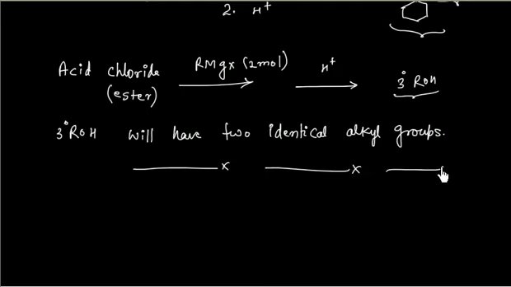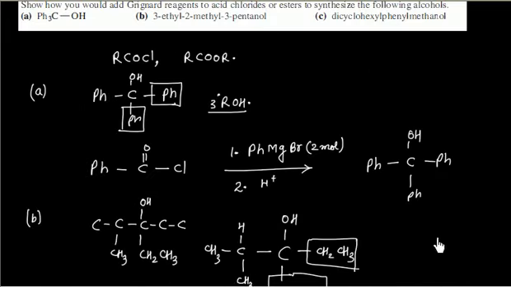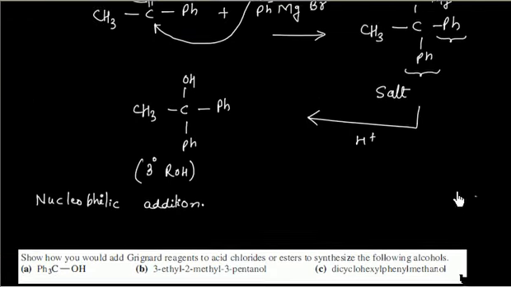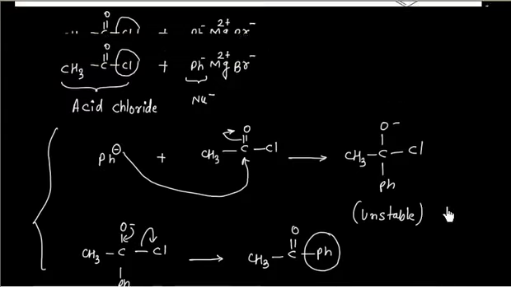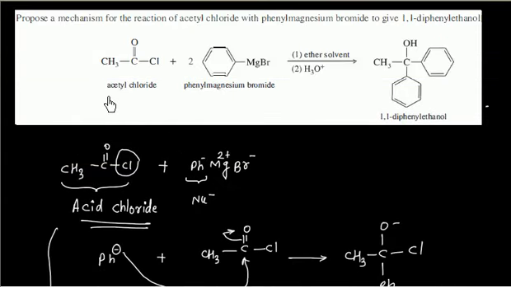So keep this in mind, that whenever we have 2 identical alkyl groups attached to a tertiary alcohol, we can use ester or acyl chloride, that is acid chloride. In this case we have acetyl chloride. We can have methyl, ethyl, Ph to prepare the corresponding tertiary alcohol.